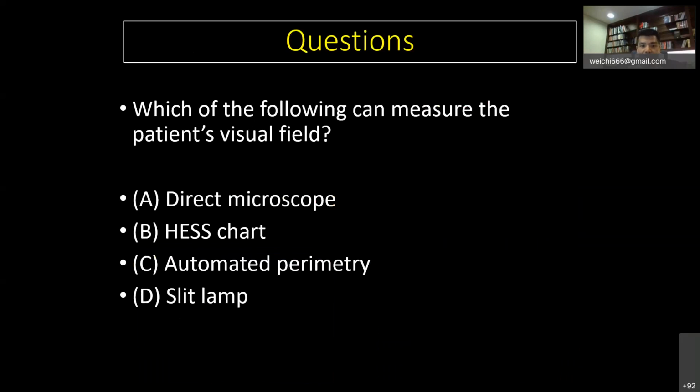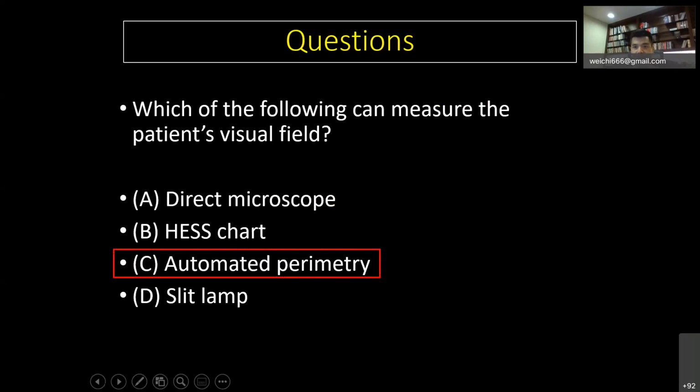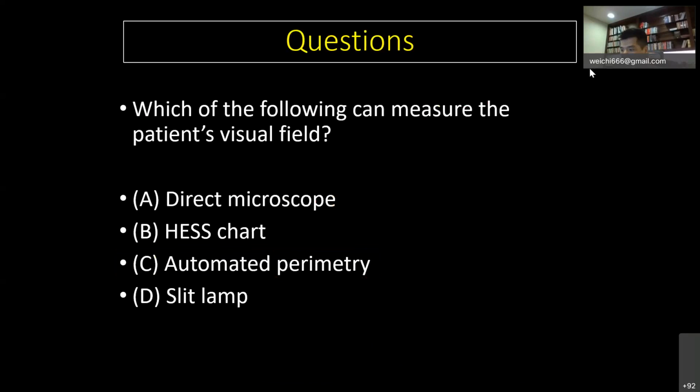And finally, I have a couple of questions for the students to earn more score. The first question is, which of the following can measure the patient's visual field? Chung Yi Shun, do you know which one? Is it automated perimetry?